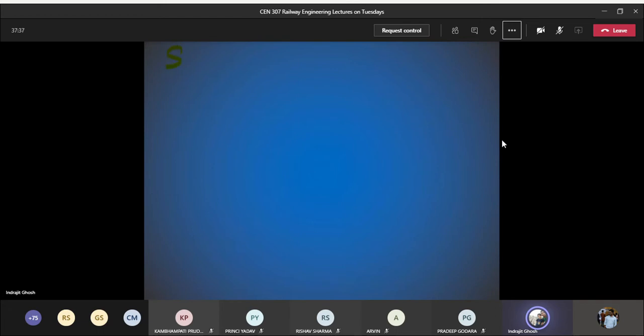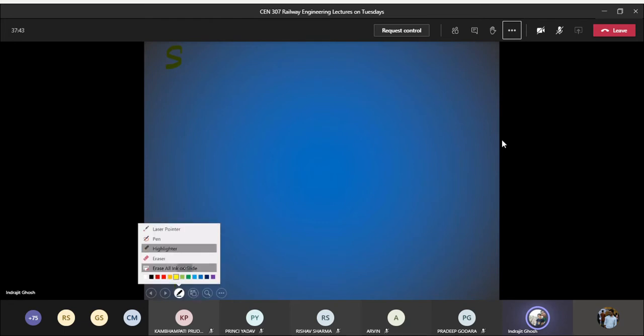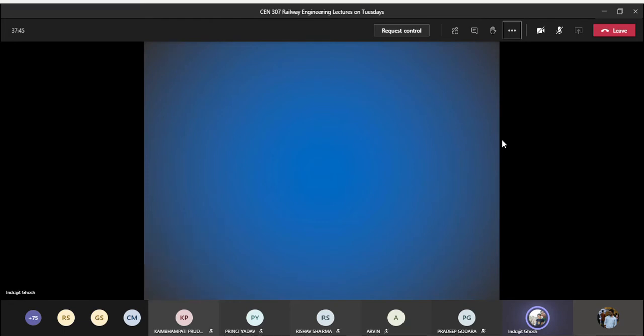So we got S is equal to D minus G sec alpha, times N.